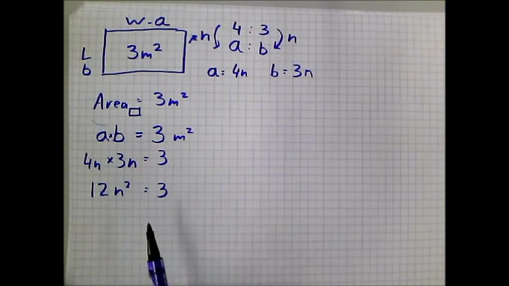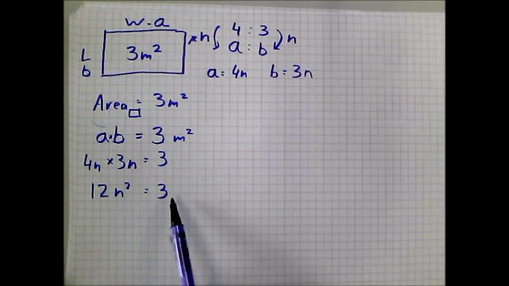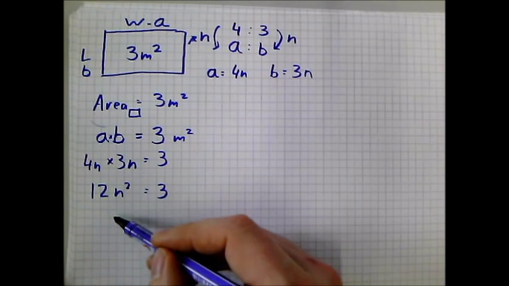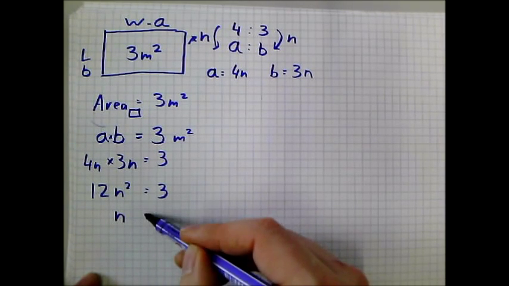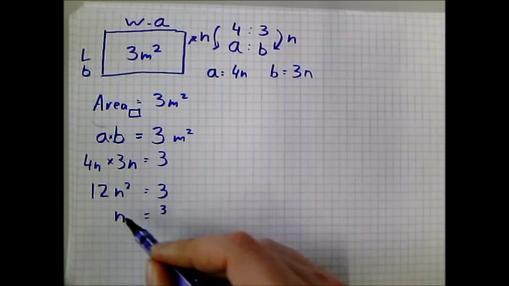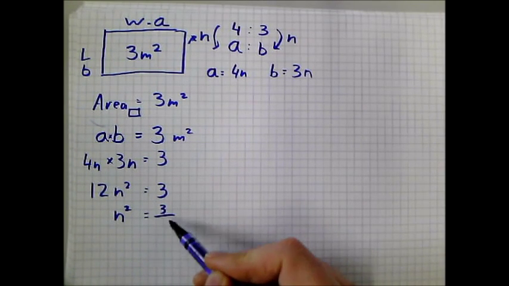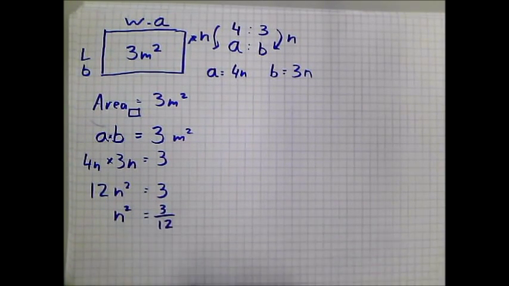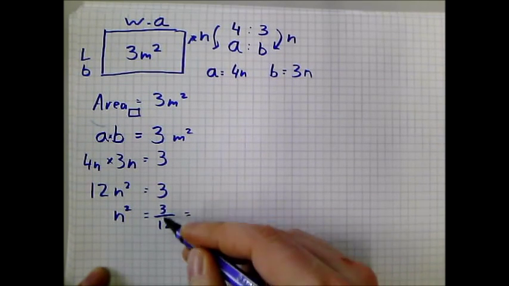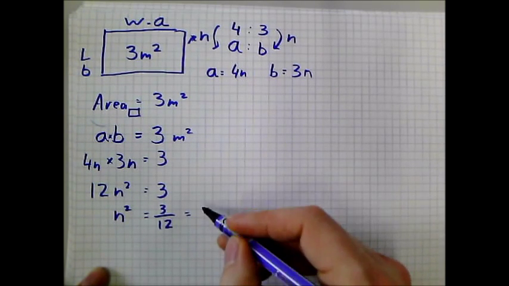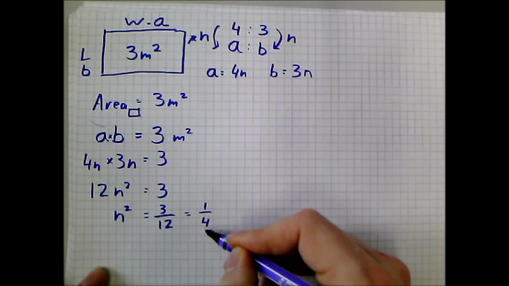And now I can start to solve this. So 12n squared is 3, so I want what 1n squared is. So I'm going to divide both sides by 12. So n squared equals 3 divided by 12. And I've got common factors top and bottom here, so 3 over 12 is the same as 1/4.